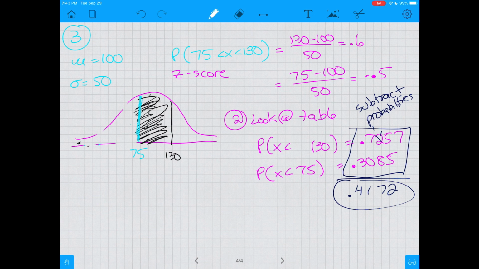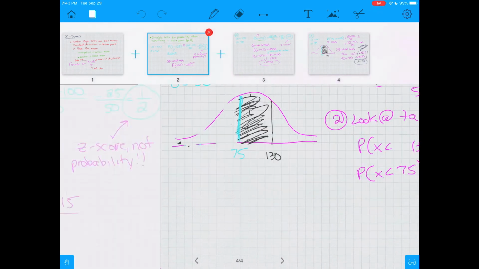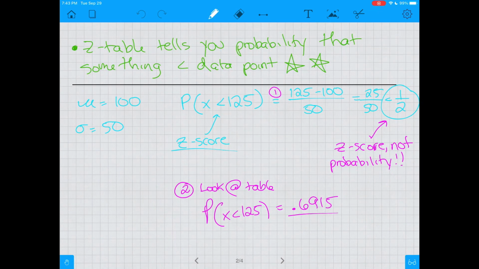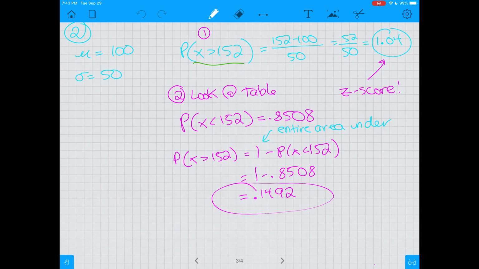So, just a quick recap. We've covered all 3 cases of a z-score. The easiest case is, what is the probability that x is less than or equal to something? That's read straight off the table. The second case is, what's the probability that x is greater than something?